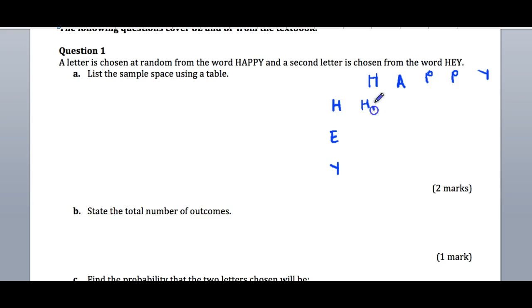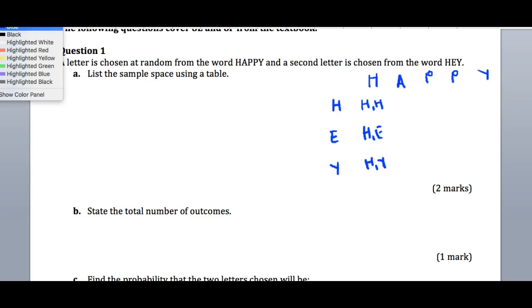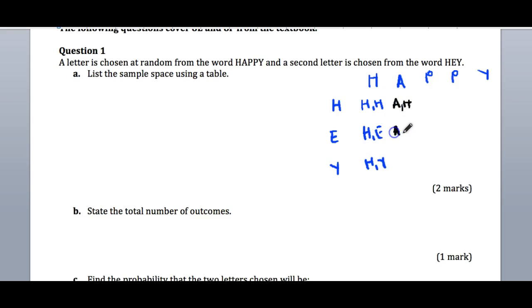So we have HH and HE, HY, HA. I might do that in a different colour just because I'm going to be writing a lot of letters. Okay, sorry, it should have been A first. So AH, AE, then AY.